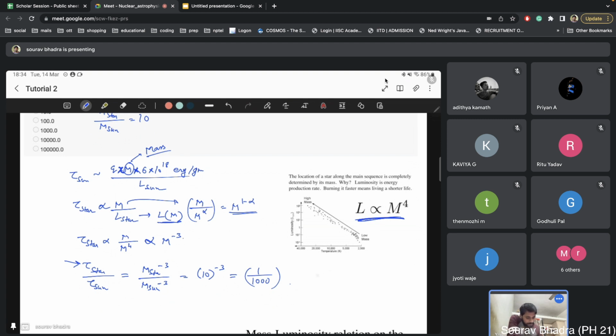So tau star by tau sun is equal to 1 by 1000, that means tau star is less than tau sun although m star is greater than m sun. That means your heavier mass star will have lower lifetime, and similarly your low mass stars have higher lifetime.